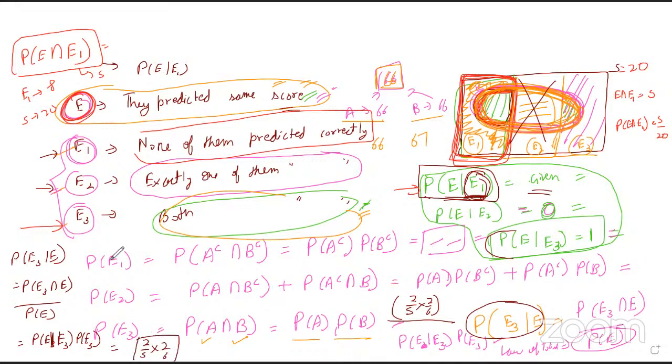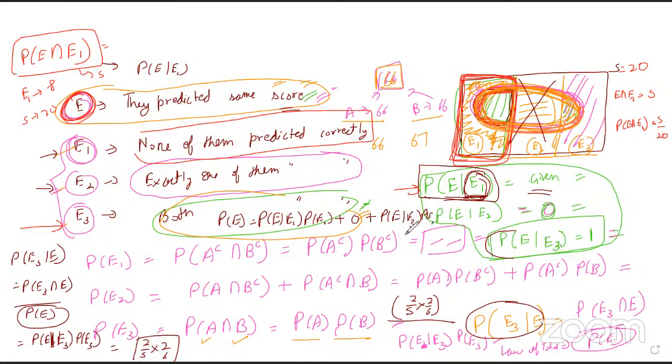And in the denominator, probability of E, you need to use the total law of probability. That's how you can compute it.